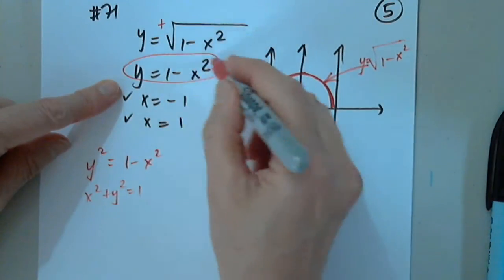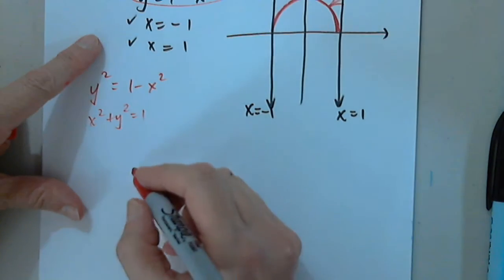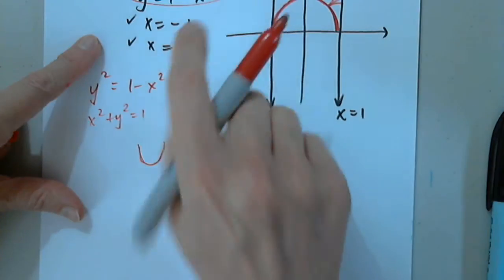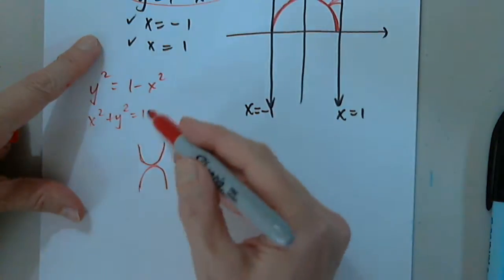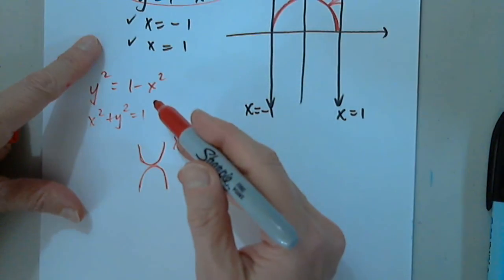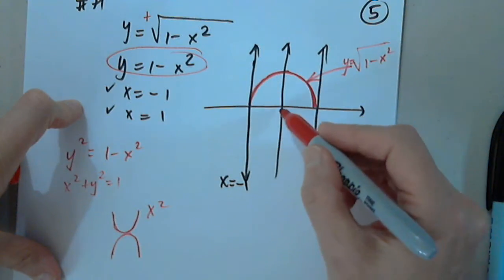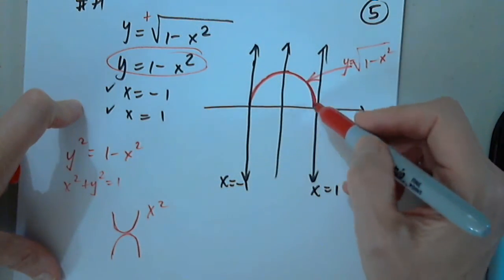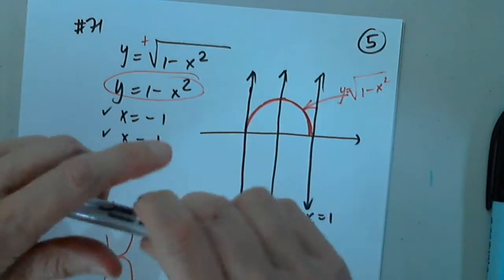Now, let's see what this is. This is a quadratic function. So this is x squared, but with the plus 1, it's shifted up 1. So instead of being here, it's here. Very interesting, really interesting.